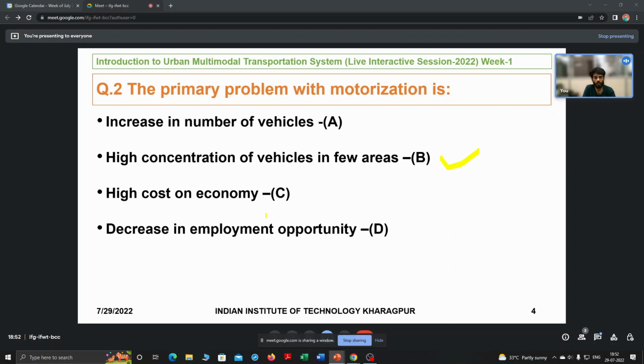So people are coming and their demand is increasing, and in those areas the concentration is increasing. That is actually resulting in congestion, delay, and environmental problems, that is, emission of gases. So as you develop this kind of huge demand in those urban areas, you have a congestion problem, right?